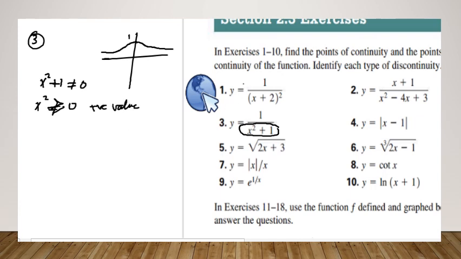So I know that the whole curve is above the x-axis. It will never intersect with the x-axis, by the way. So it's continuous for all the values from negative infinity to infinity.